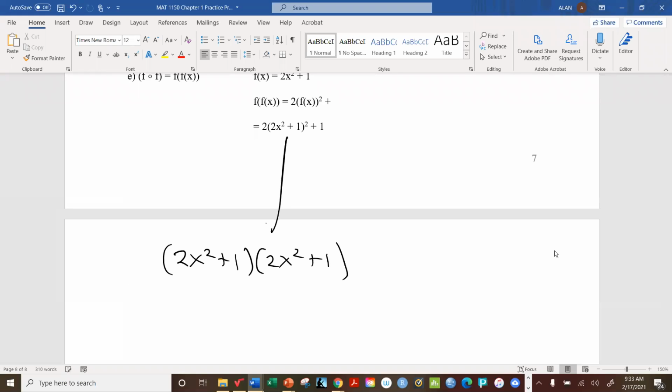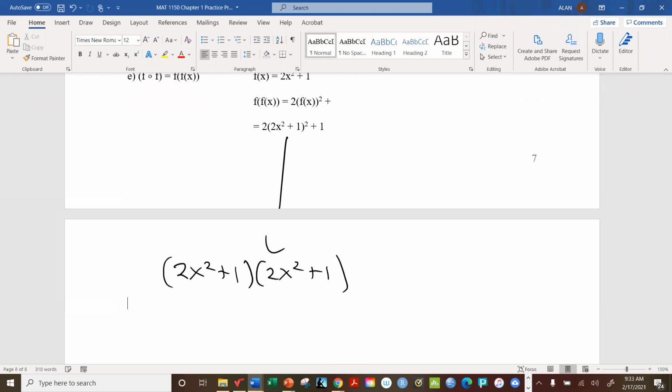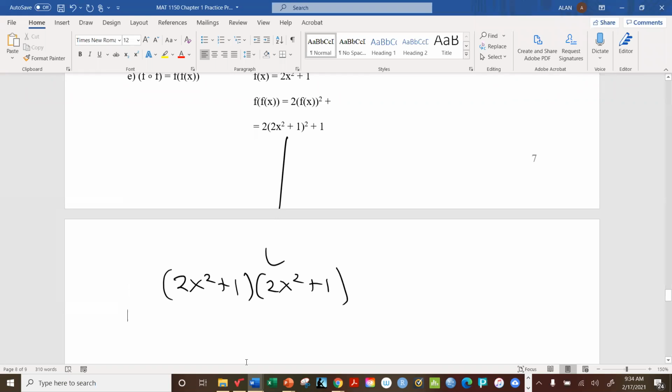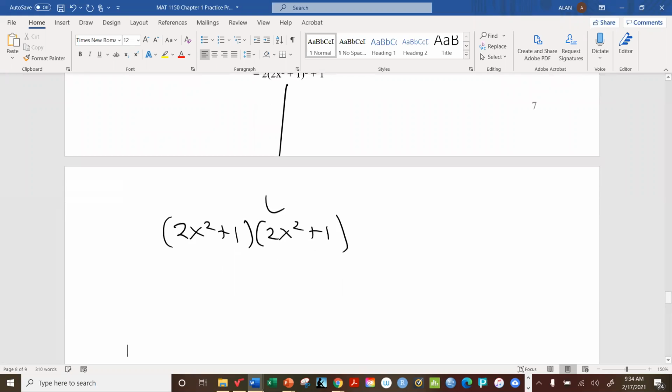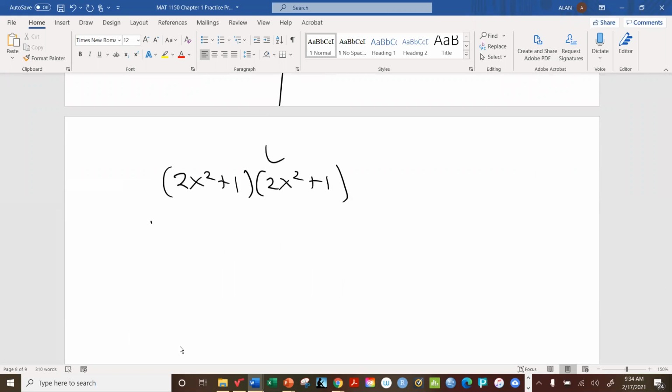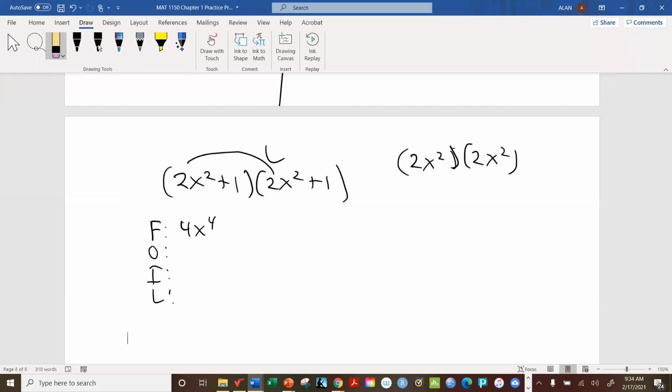That's what this actually means. And so we'll apply FOIL to it. F, O, I, L. There's F: 4x to the fourth. Be careful with that one. We're multiplying these two 2's together to get the 4.